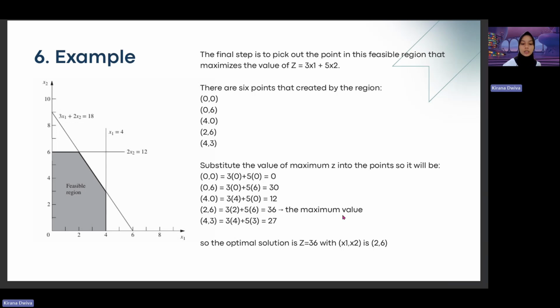We calculate all the points and we got the maximum value at point (2,6), where the maximum value is 36. So the optimal solution is z equals 36 with x1 and x2 at (2,6).